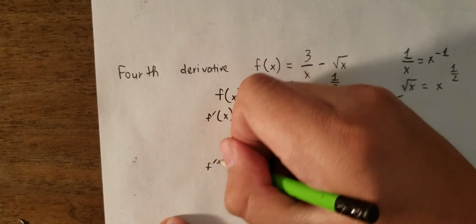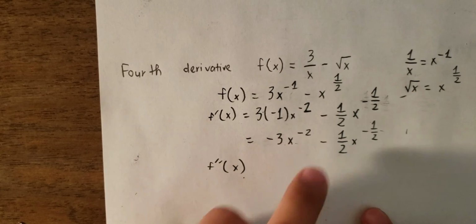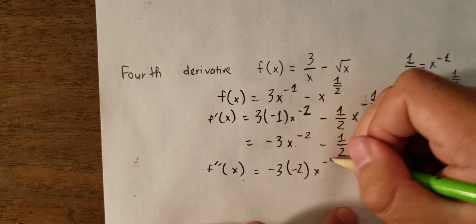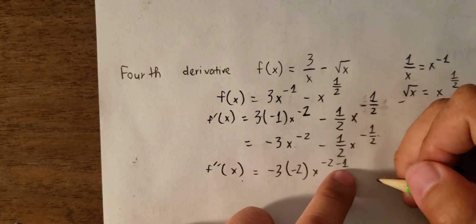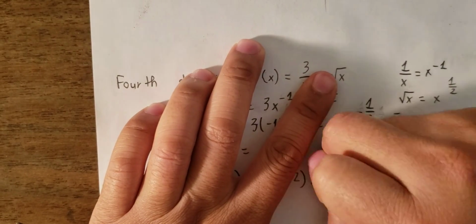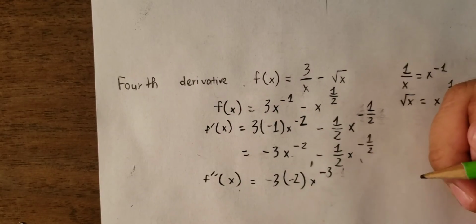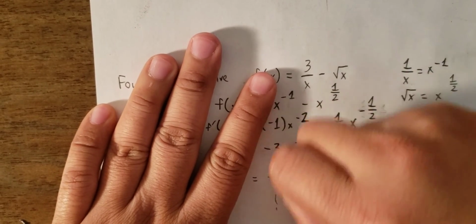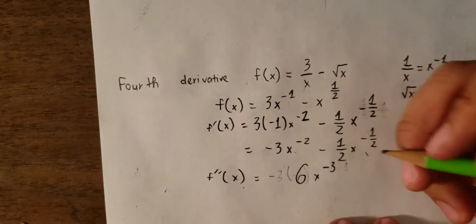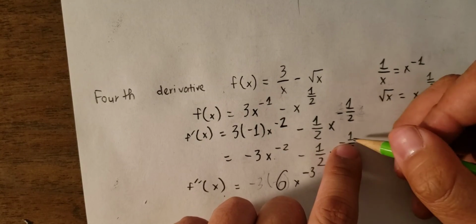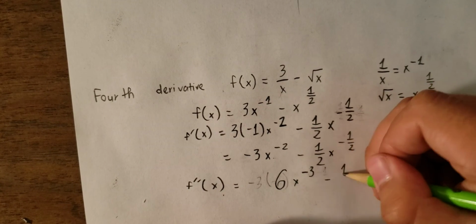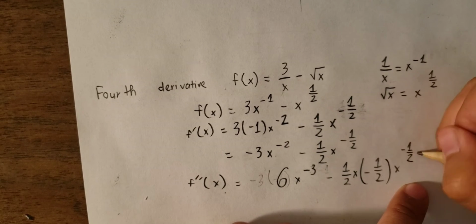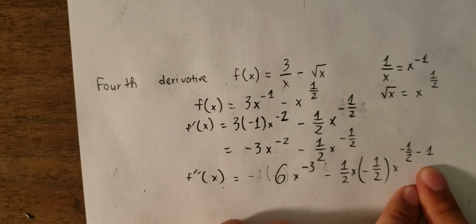We do the second derivative. In here we have the minus 2. We put the minus 2 in here. And we have minus 2, minus 1 again. Minus 2 minus 1, you got minus 3. Minus 3 multiplied with minus 2, you got a positive 6. We have the minus 1 over 2, you put outside, and you need to minus 1 because we do derivative.